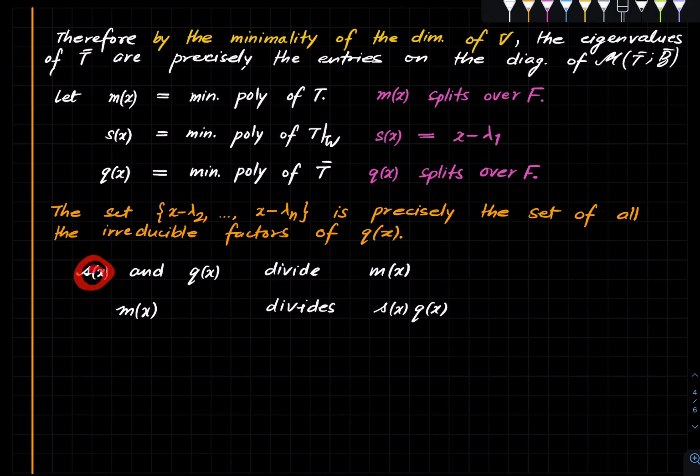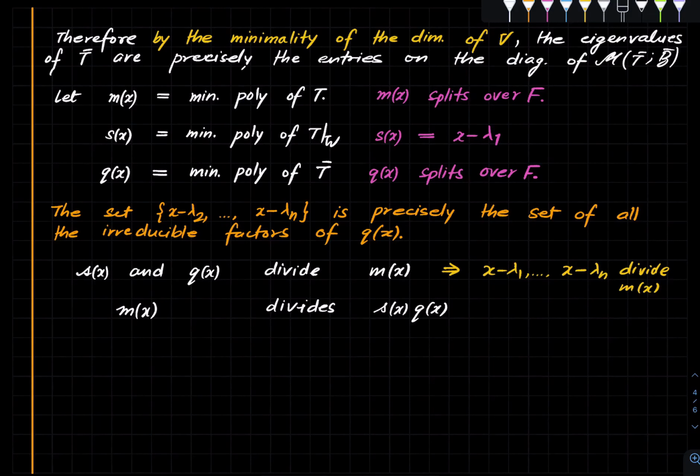X minus lambda 1 is equal to Sx, so that is clear that x minus lambda 1 divides Mx. And since x minus lambda 2 divides this and this divides that, we have x minus lambda 2 divides that, and similarly dot dot dot. So the first one tells us that all of these divide Mx, and hence each of these are roots of Mx, and hence lambda 1 up to lambda n are definitely eigenvalues of the endomorphism T.